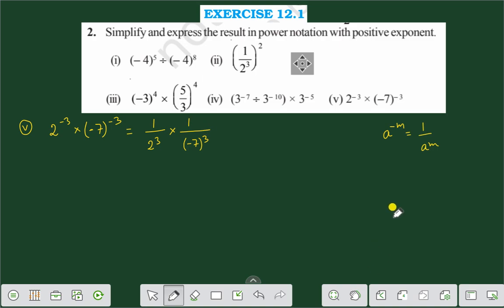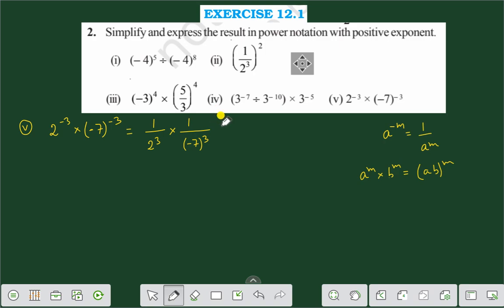Now we can use the formula a^m into b^m is equal to (ab)^m, because the power is same.